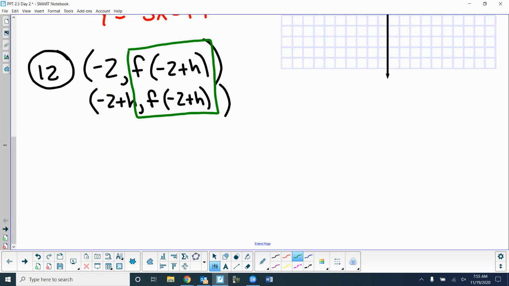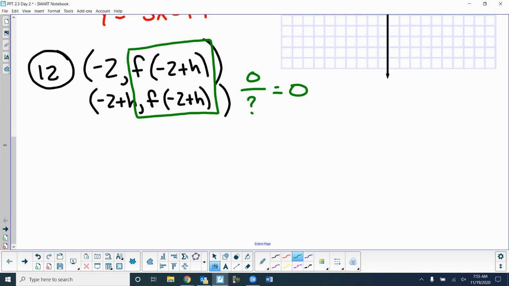So my y part would be 0, and what's 0 divided by anything? 0. So as long as these 2 weren't exactly the same point, you could find the slope. It doesn't matter what's there, that's going to be 0. So they were trying to mess with you a little bit, number 12, but actually it's pretty easy.